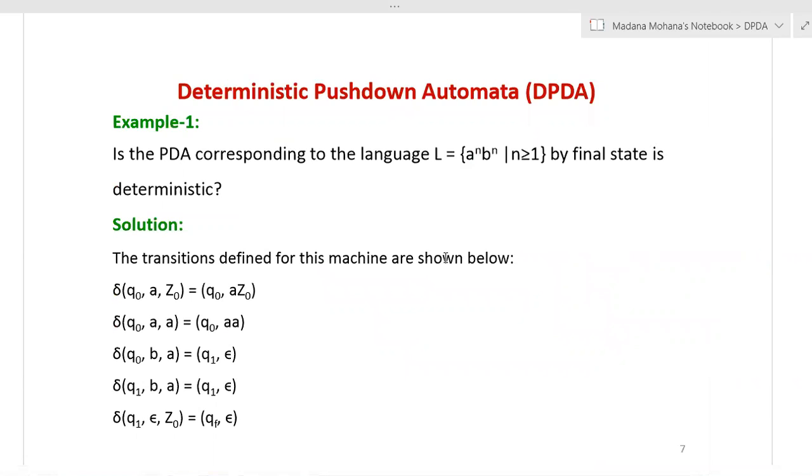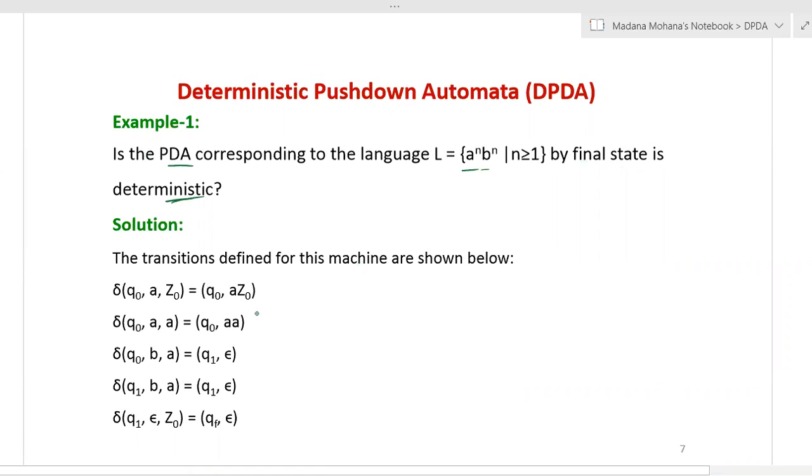Sometimes in examinations you may get these types of questions. They will give one PDA and ask you to verify whether it is deterministic or not. Here you can observe the question: is the PDA corresponding to the language L equal to a power n b power n, such that n is greater than or equal to 1, by final state, deterministic? Simply follow the same procedure as in PDA design for a given context-free language.